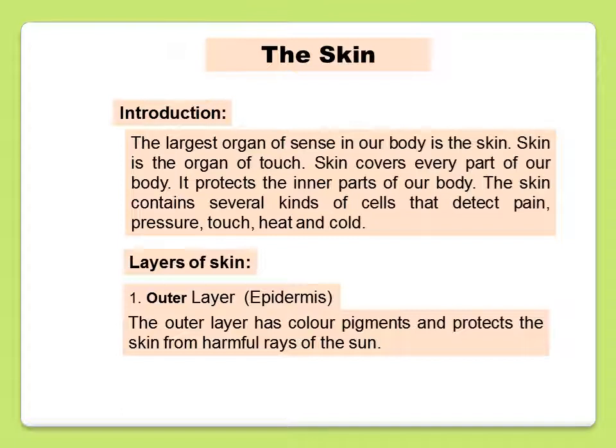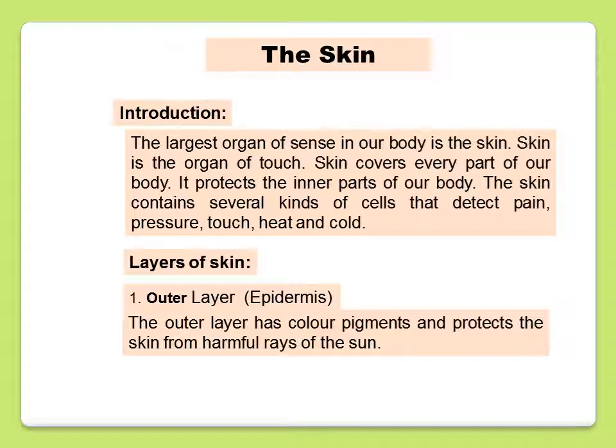First layer is called epidermis. Simply we can say it is the outer layer of the skin. The outer layer of the skin has some color pigments. Pigments are the natural colors, you know. The outer skin protects the skin from harmful rays of the sun.